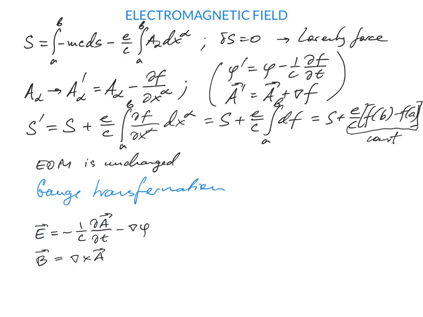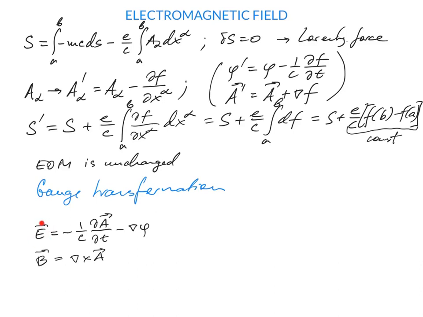Now, the drawback of the approach that we used, where we took this action and represented it in terms of the integral of L dt, and then took that Lagrangian and found the equation of motion for the particle, is that the fields, the E and B fields, came out in a way that is not explicitly covariant.